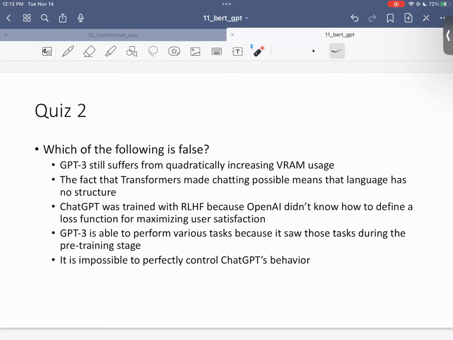Which of the following is true? GPT still suffers from quadratically increasing VRAM usage. The fact that transformers made chatting possible means the language has no structure. ChatGPT was trained with RLHF because OpenAI didn't know how to define a loss function for maximizing user satisfaction. GPT-3 is able to perform various tasks because it saw those tasks during the pre-training stage. It is impossible to perfectly control ChatGPT's behavior. Give me the answer through the private channel only. As I said, if you think there are multiple answers, separate them by commas.